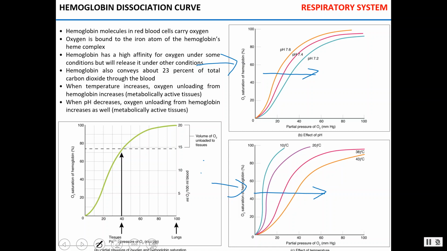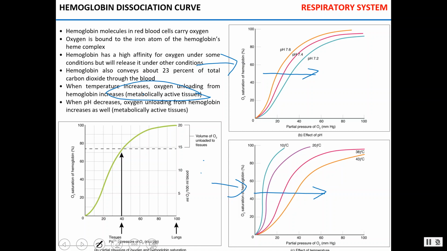More oxygen gets delivered to the tissues that are warmer, and more oxygen is delivered to the tissues that are more acidic, which is normal because slight acidity and increased temperature are characteristic of metabolically active tissues, which explains higher oxygen unloading from hemoglobin into the tissues.